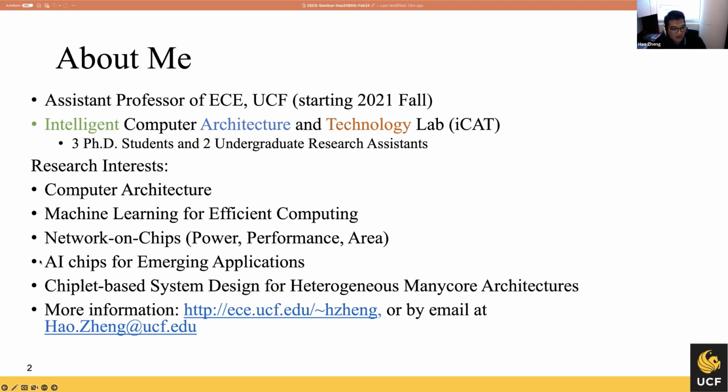At UCF, I started a line of research in AI chips for emerging applications such as deep neural networks and graph applications, which will be further discussed in the following presentation. I'm also interested in chiplet-based system design for heterogeneous multicore architectures. We are trying to leverage advanced packaging technology to sustain the performance scaling of current computer systems.